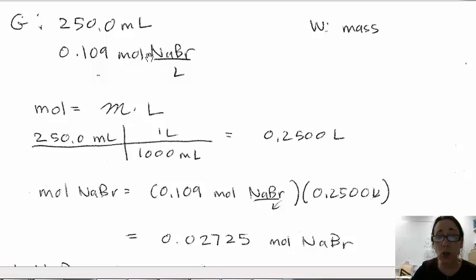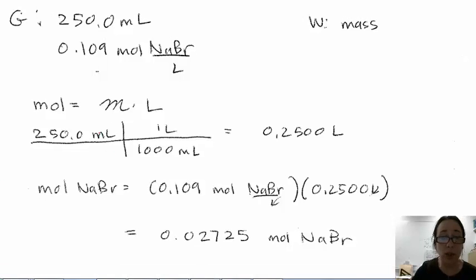The first thing that I need to do is convert my milliliters to liters so I can plug it into this molarity equation. So when I multiply 250 milliliters by the conversion factor of 1 liter per 1,000 milliliters, my milliliters cancel out, and I end up with my volume in units of liters. So now I can plug into this equation here.